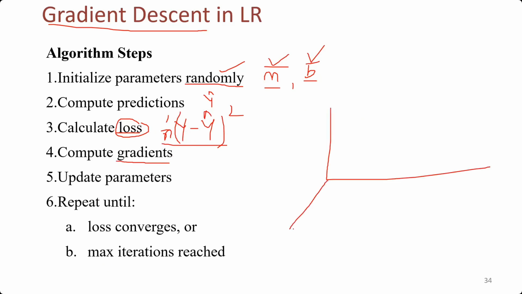Here I am denoting the loss by L, and on the x-axis I have the parameter m, and on the y-axis I have the parameter b. When I draw it for different values of m, b and L, I may see a graph something like this.